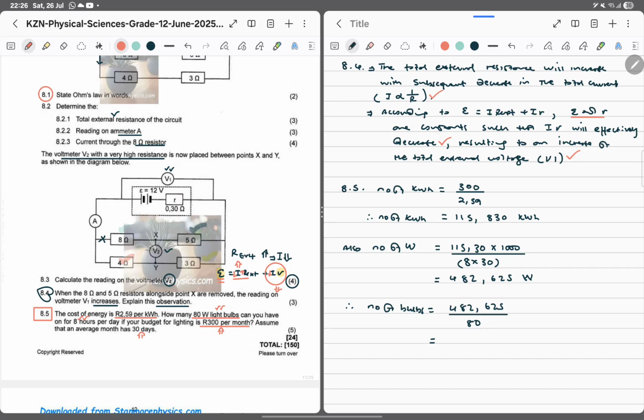Okay, we divide that by 80. We get 6. Now remember, number of bulbs cannot be with a comma, so we take the integer before the decimal, so this is going to be 6 bulbs.